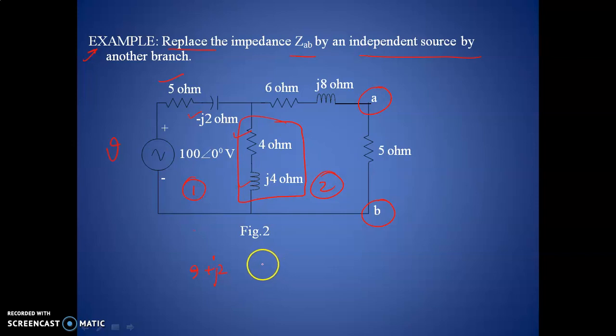And for the off-diagonal element we have minus 4 plus j4, similarly minus 4 plus j4, and the second diagonal element is 6 ohm plus 5 ohm plus 4 ohm, that is 15, plus j4.